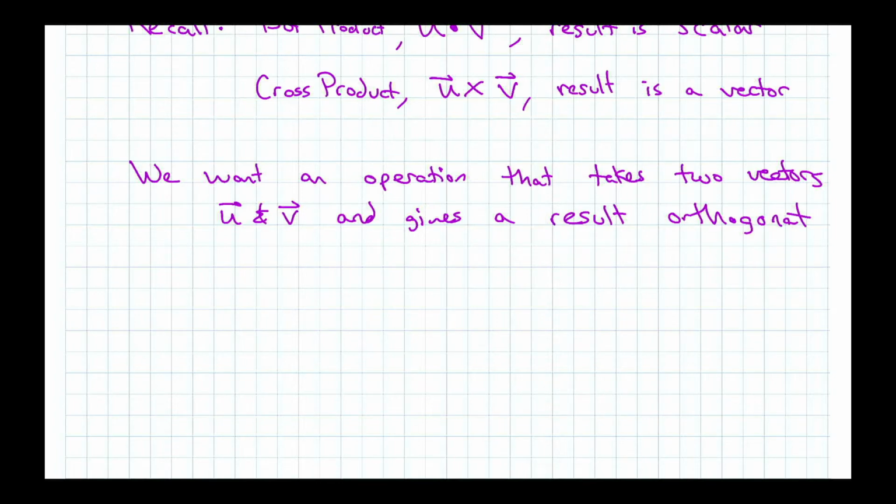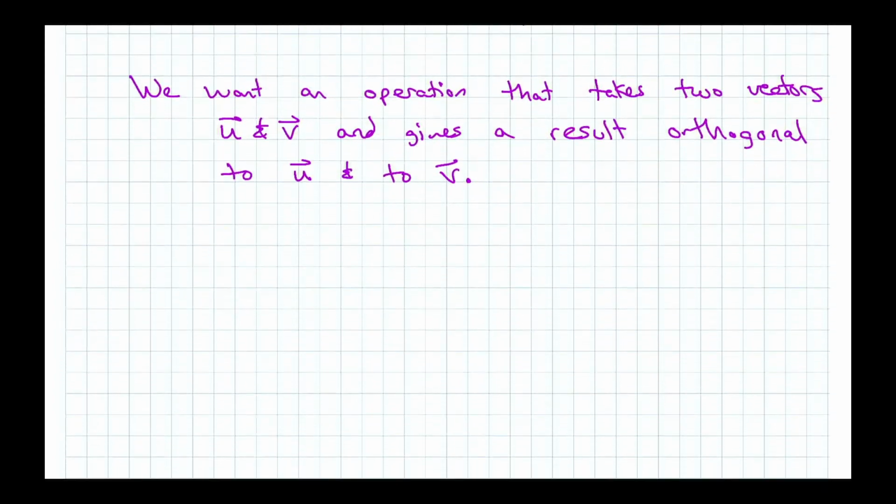Okay, that's what we want. Now we're going to call that operation the cross product. So let's figure out where it comes from.